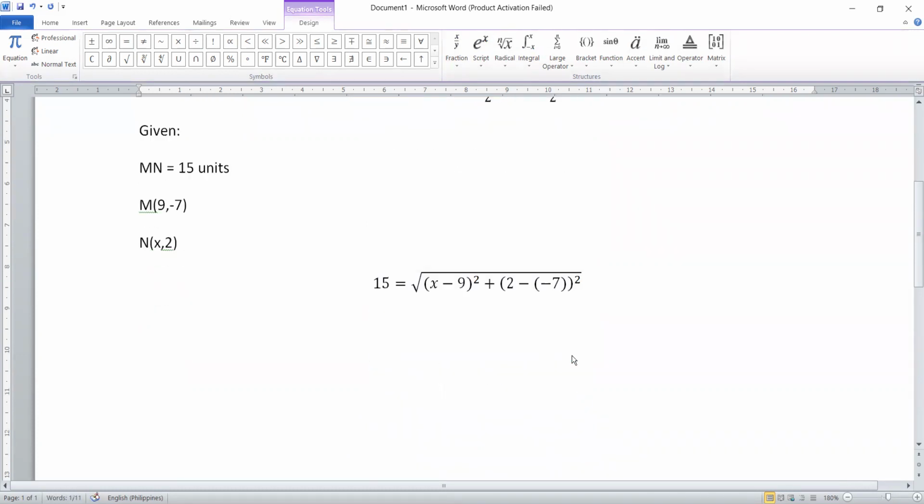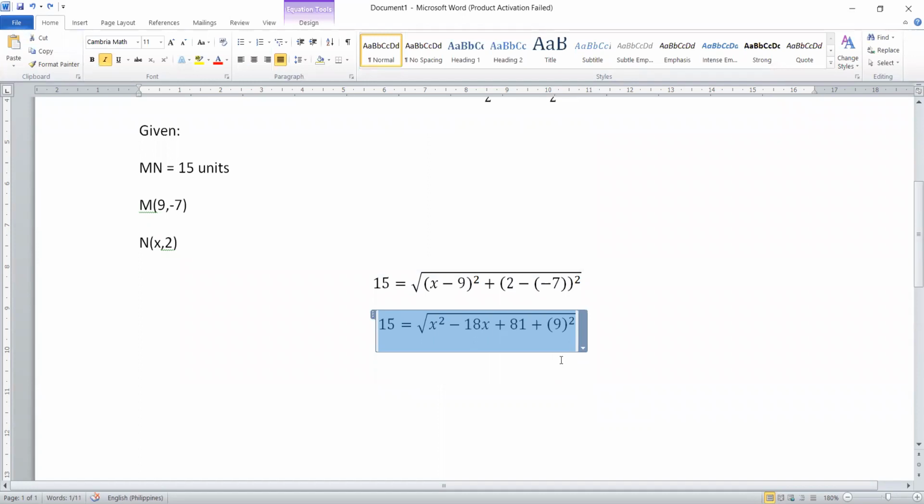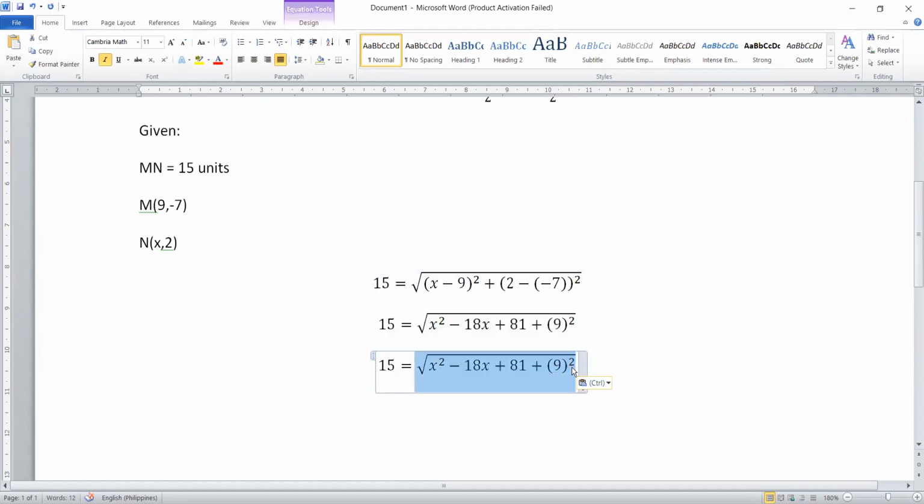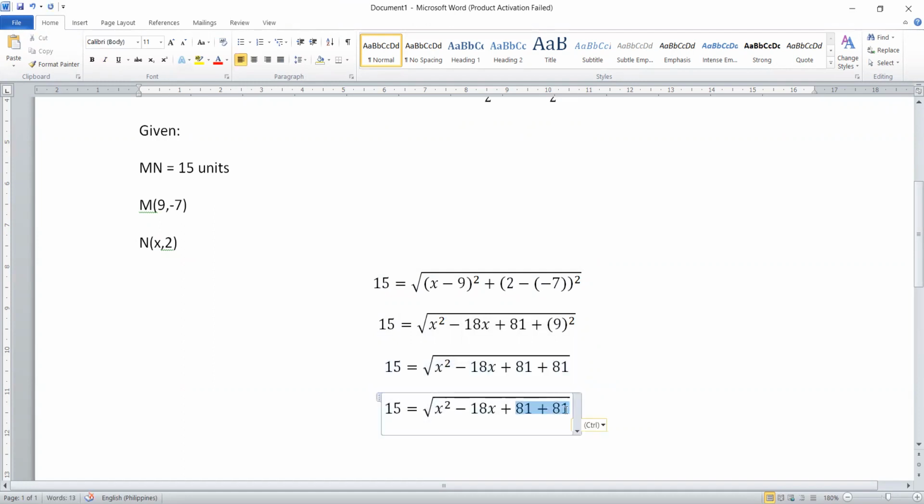Next, simplify this. That will be 9 squared is 81. Combining similar terms, we'll have here 81 plus 81 is 162.